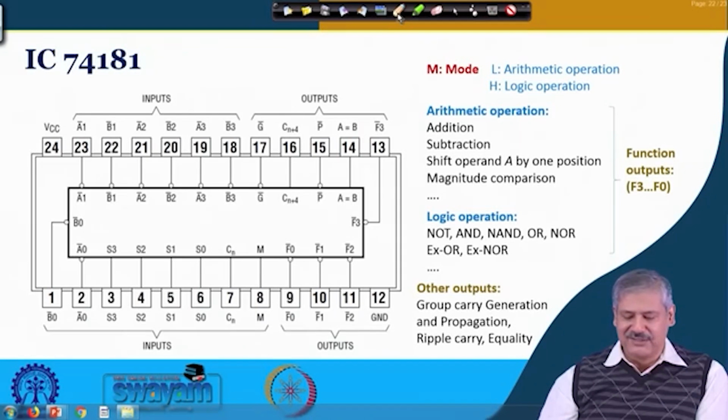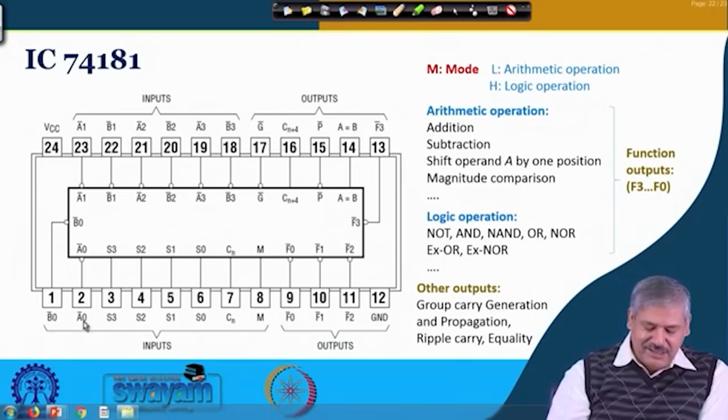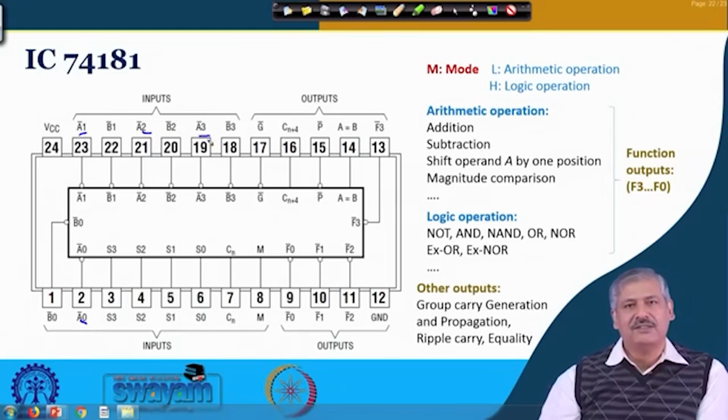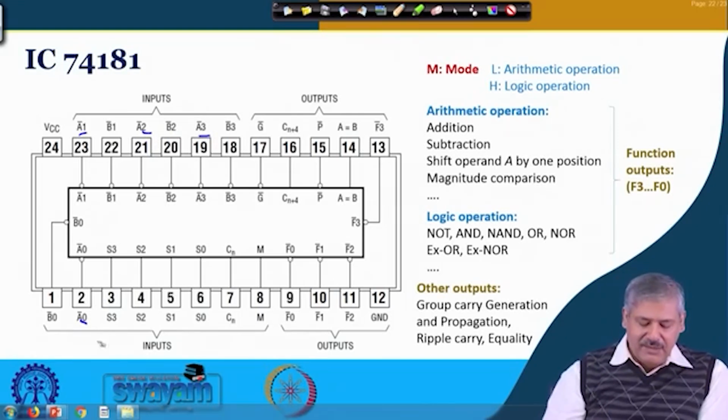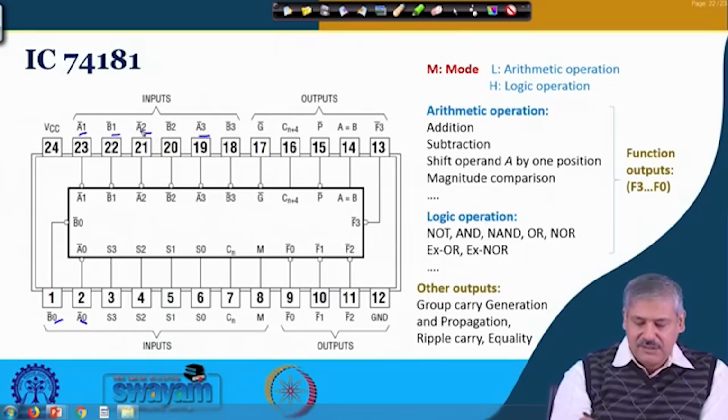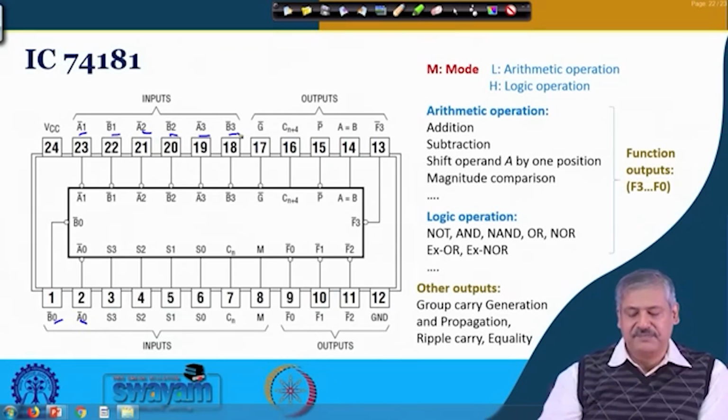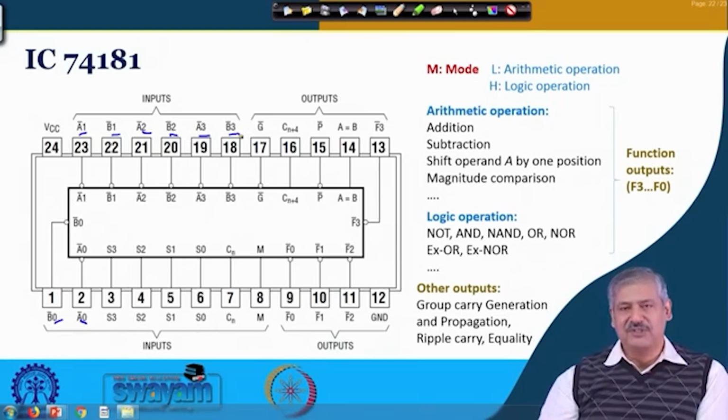The inputs are A0 to A3, which are active low, and B0, B1, B2 and B3. So, these are the inputs.